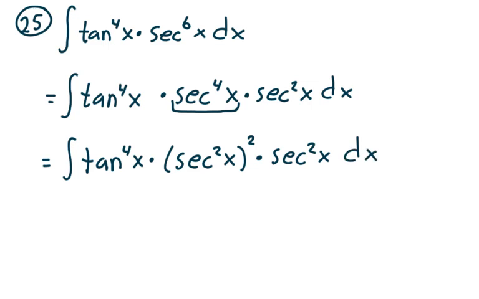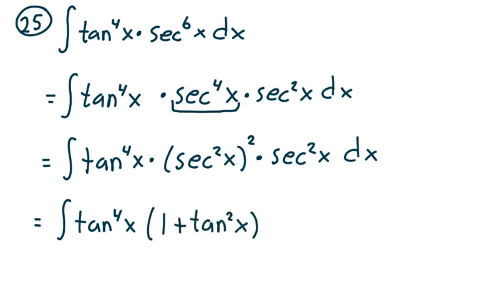From here, we get the integral of tangent to the fourth x times 1 plus tangent squared x, right? That's a trig identity that we have to know well. So we get tangent to the fourth x times 1 plus tangent squared x to the second times secant squared x dx.